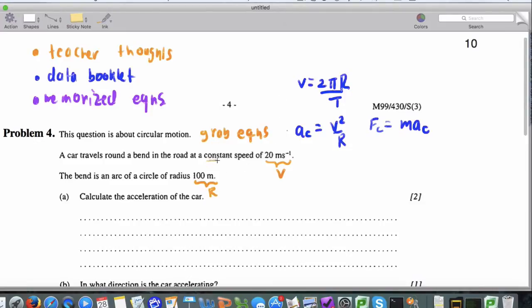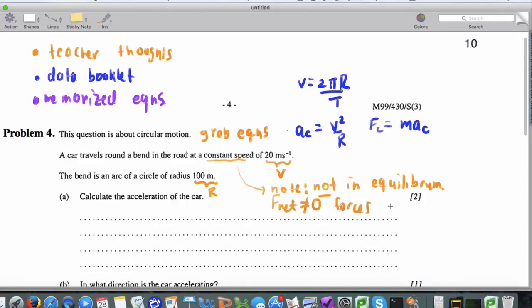You see where it says constant speed here? I want to be clear on one thing, and I'm going to write it down here. Note: not in equilibrium. Forces do not balance here. Forces don't balance, so F net is not equal to 0.